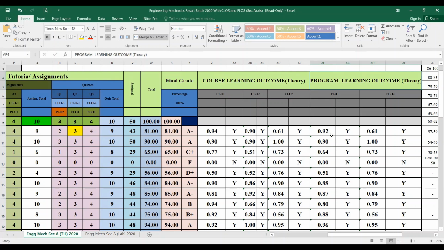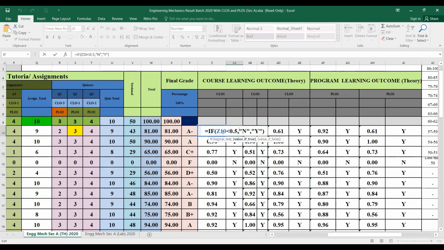Now you can see program learning outcome. We have only 2 PLOs because the CLOs were mapped with PLO1 and PLO2. So I have made 2 columns, and one more thing you have to put is yes or no here as well. For the CLO1, I forgot to tell you, your percentage criteria for CLO1 and CLO2 is more than 50%.